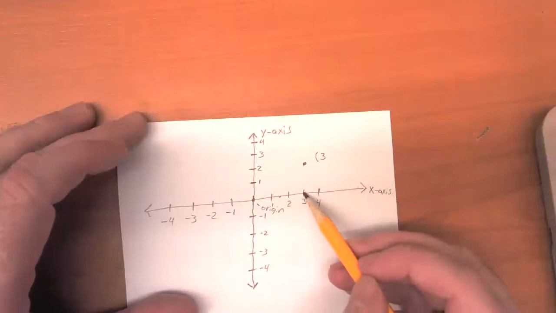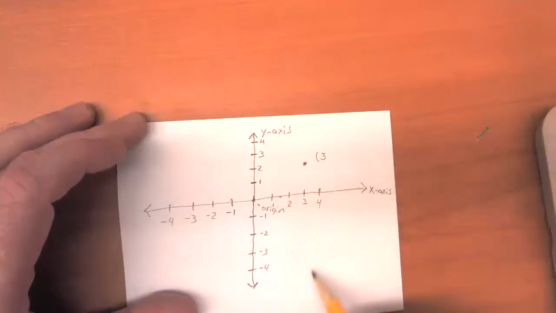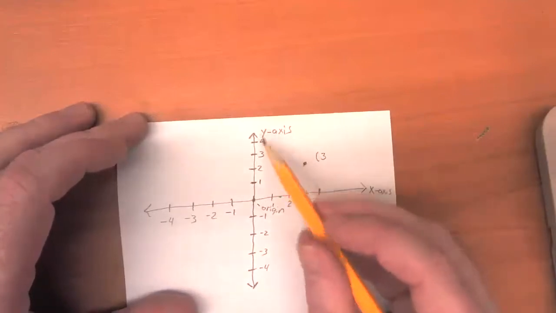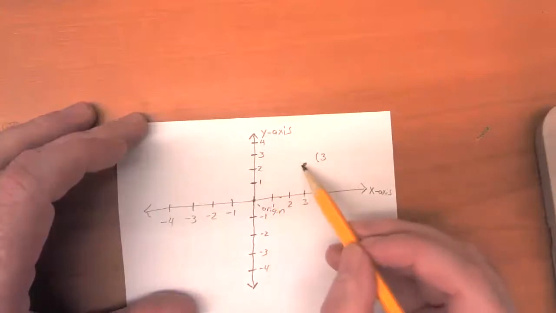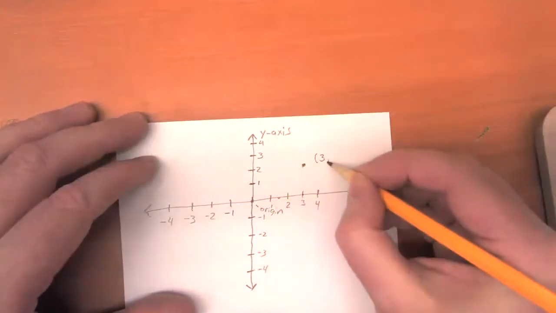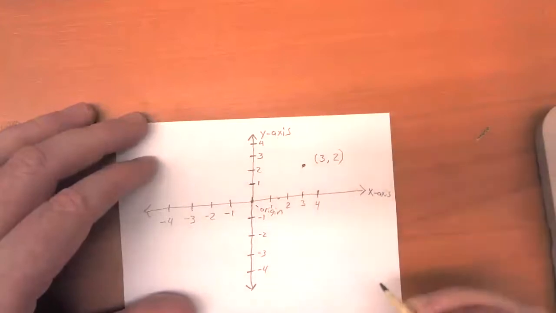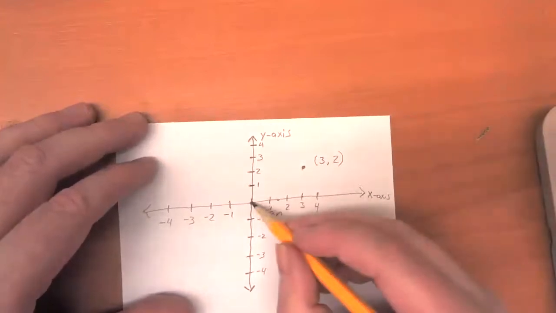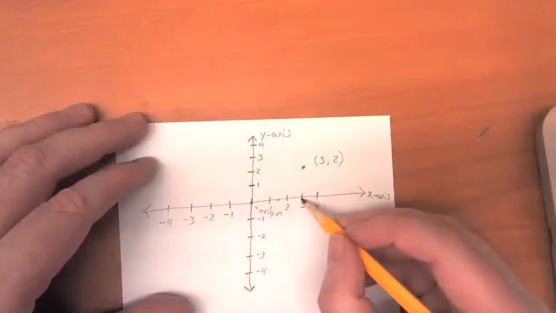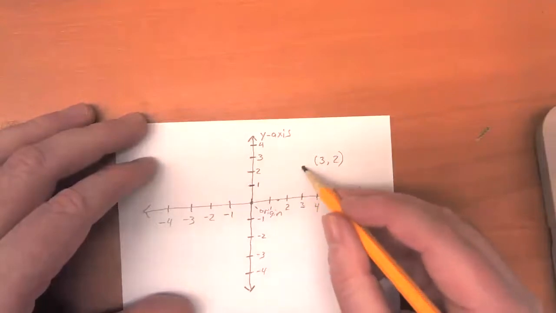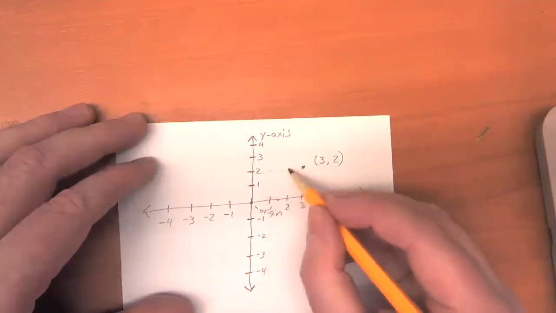And then we're going to figure out how far we need to move up or down along the new number line. So it's up by 2 points. So we're going to call this 3, 2. To talk about how we start from the origin, we go 3 points to the right along the first number line, and then we go 2 points up along the second number line.